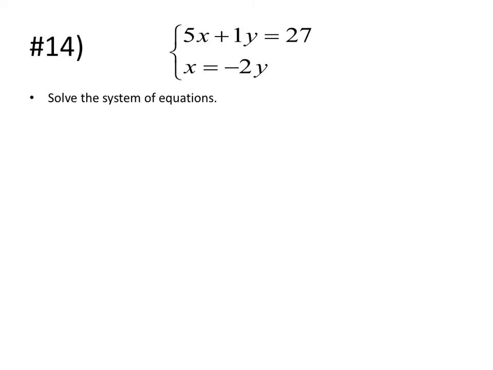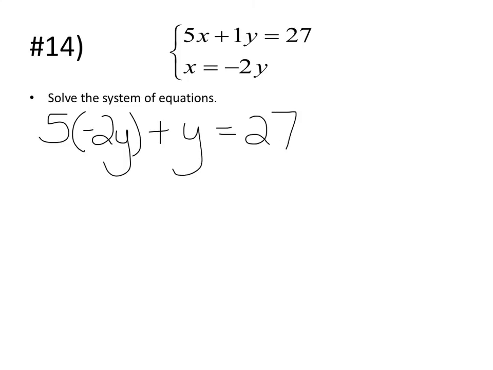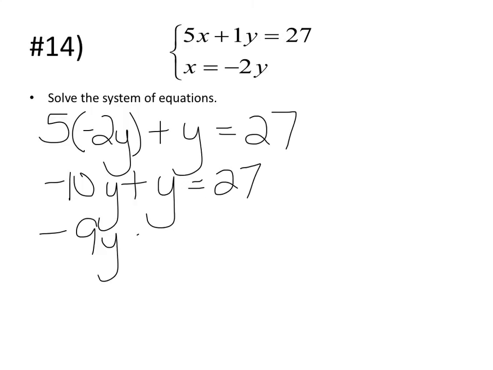All right, here's another one that's set up to be solved by substitution because x is already solved for, so we're going to plug it in here for x. So 5 times negative 2y plus y, I don't know why they wrote 1y, that's weird. So you have 5 times negative 2y is negative 10y plus y is equal to 27. So negative 9y is equal to 27.